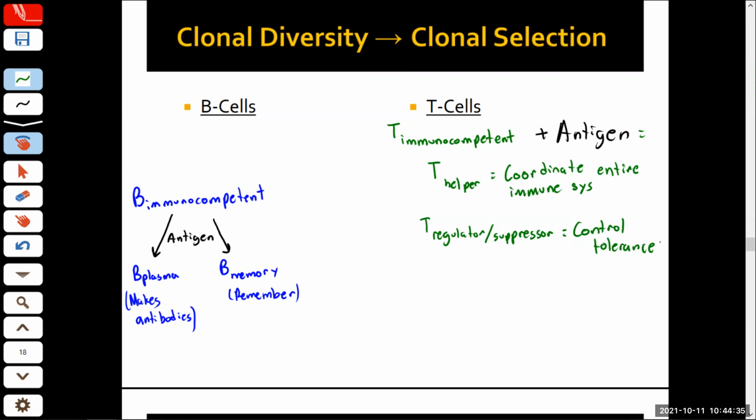Okay. Next up, T cytotoxic. Cyto, cell, toxic, poisonous. What this does, it's going to kill virus or cancer infected cells.